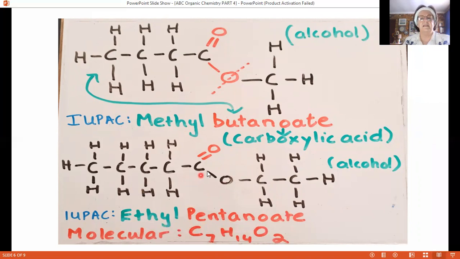Now, obviously here it's 5 plus 2, that's 7. So it's C7 and times 2 is H14O2. And you can check, if you count your hydrogens, you know it will be 14. If you drew your structure correctly, it will be 14 hydrogens. And then obviously your 2 oxygens.